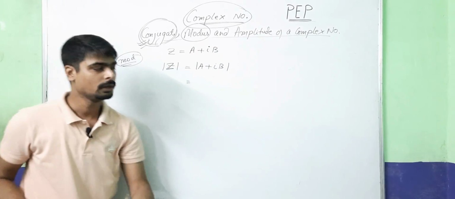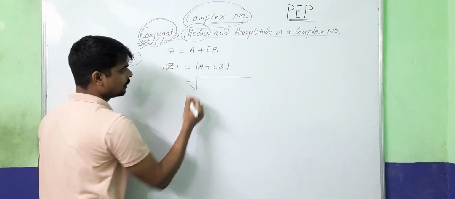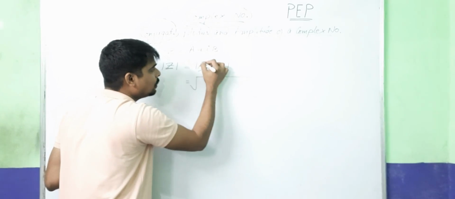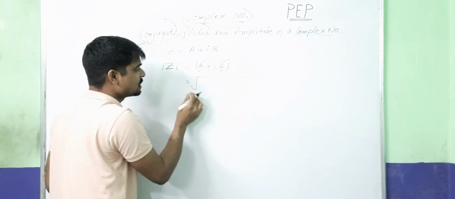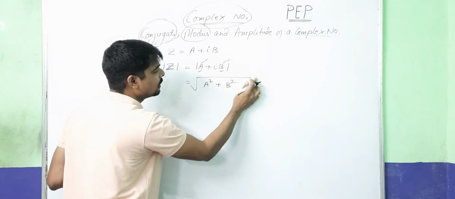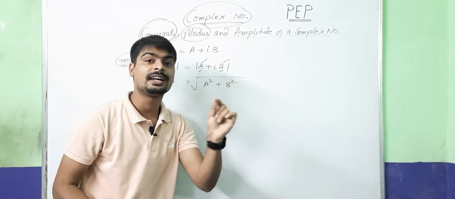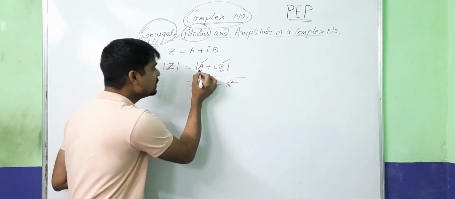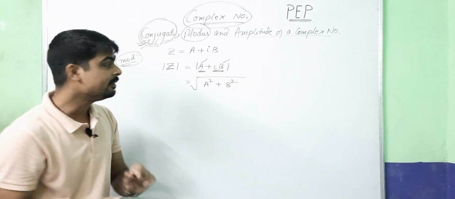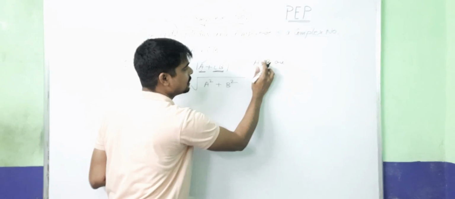The formula for the modulus is the root over the sum of the squares of the real numbers. This whole is the real part, this whole is the imaginary part, but a and b are real numbers.